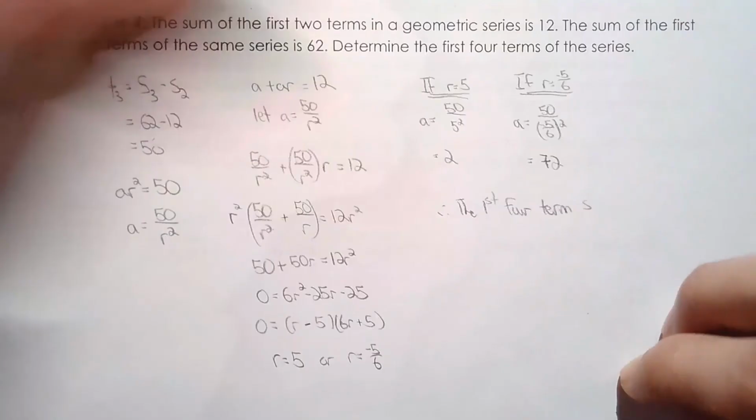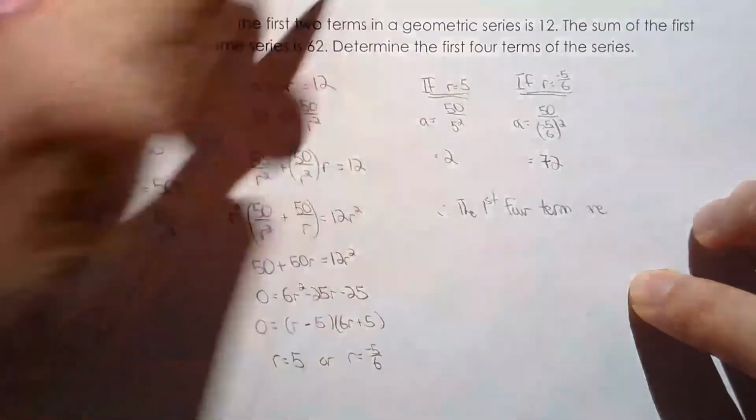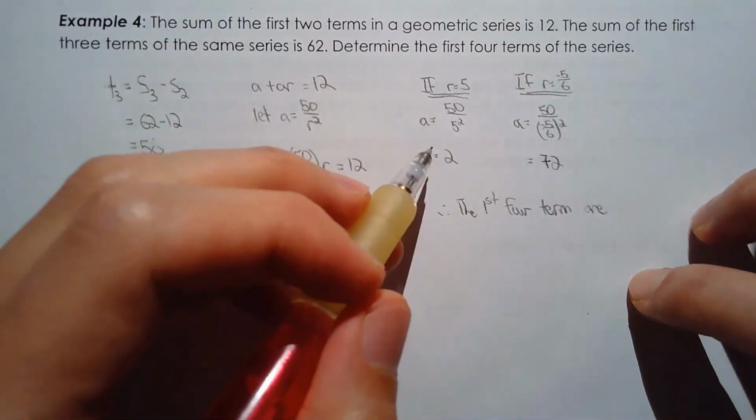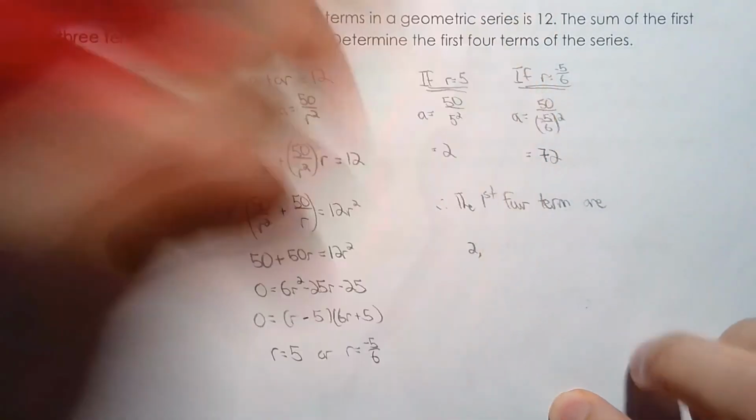So therefore, the first four terms, and we'll do this one for when a is 2 and r is 5, are going to be 2 plus 10 plus 50.